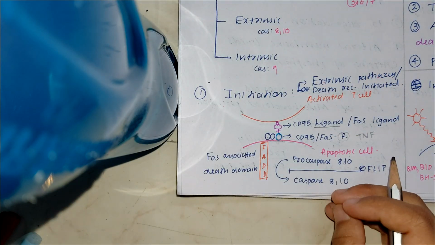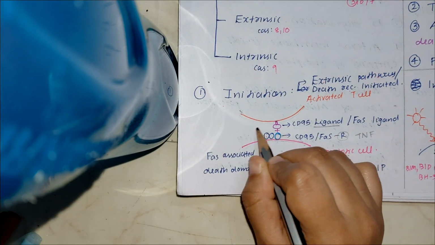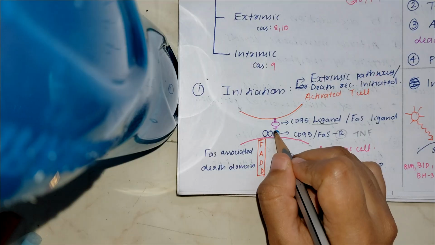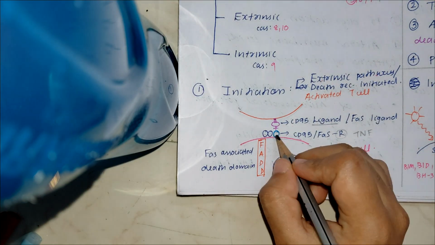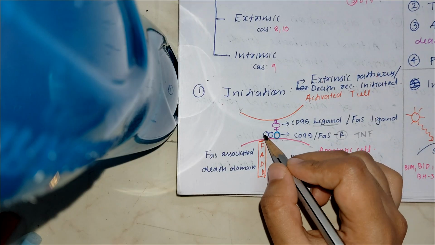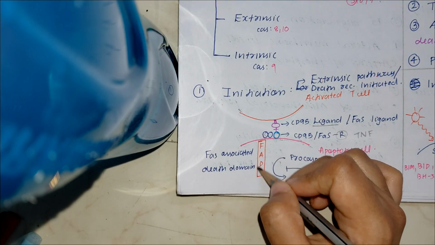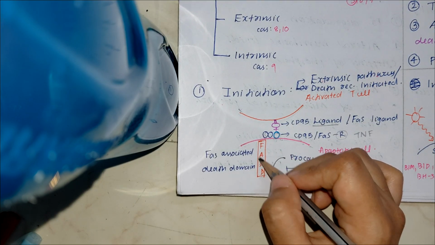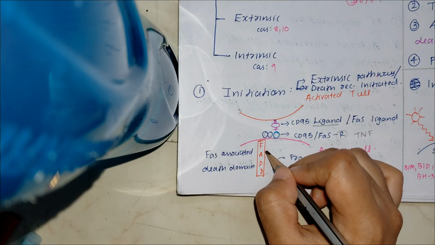They will bind together, and this will undergo trimerization. Trimerization means it is increasing in number. After that, can you see this FADD? This is an adaptor protein.